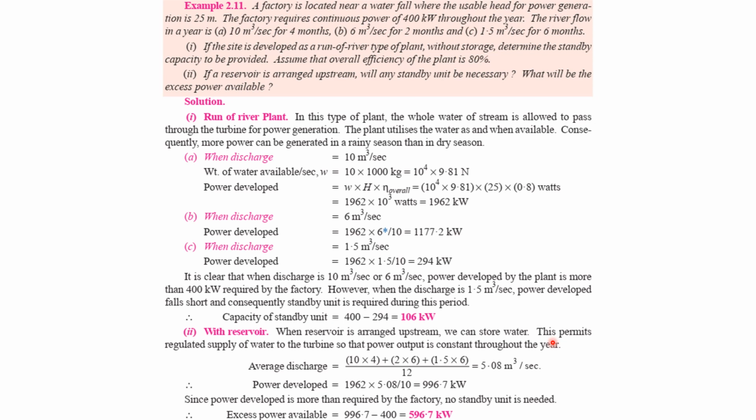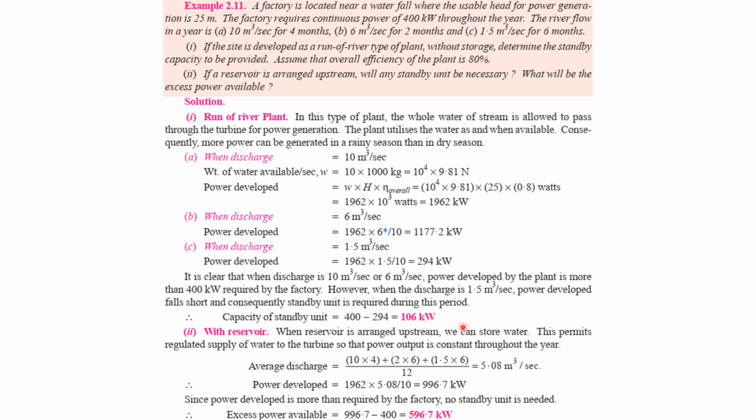In the part of the year when a lot of water discharge was available, say 10 meter cube per second, some of that water was stored in the pond. The water stored in that pond was then used to ensure that in the other portions of the year the water was not below the minimum required level.